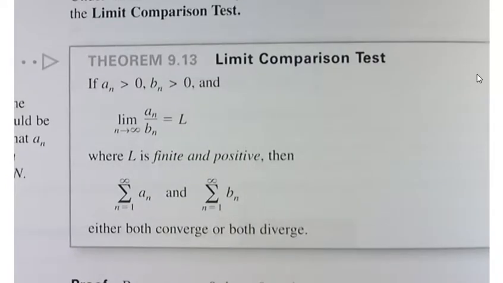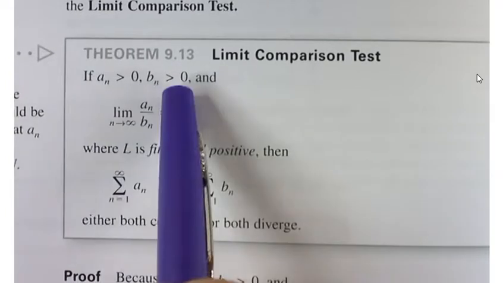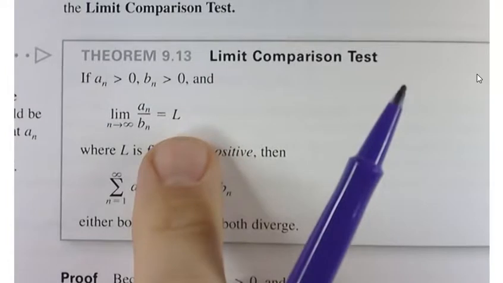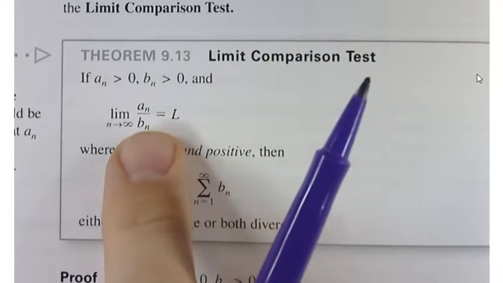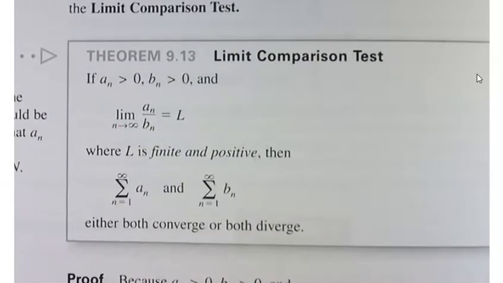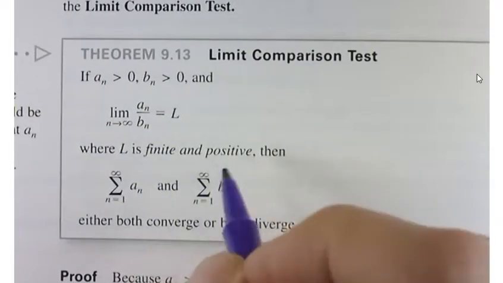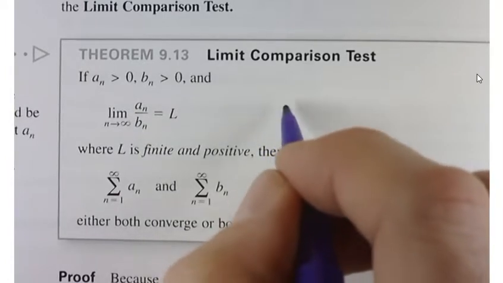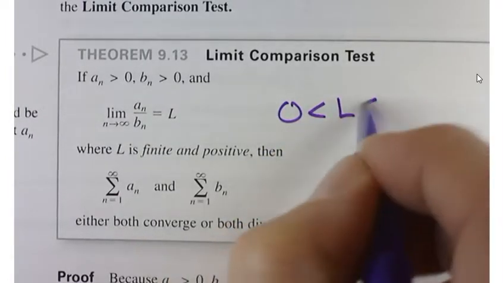So, again, you have two positive valued series. So this is not something that's up and down or alternating or anything like that. They're strictly positive values. If the limit of one divided by the other is finite and positive, basically, let's write it like this. 0 is less than L is less than infinity.